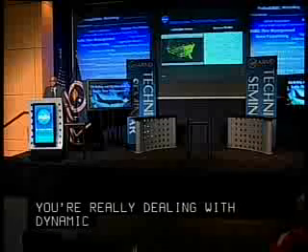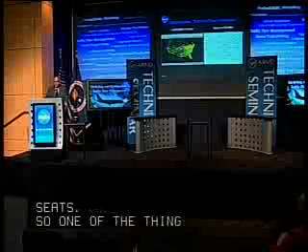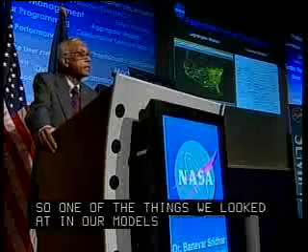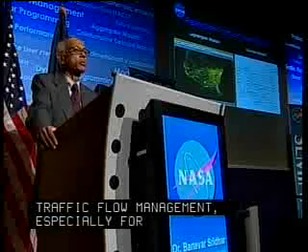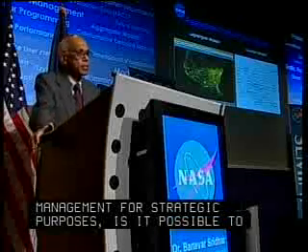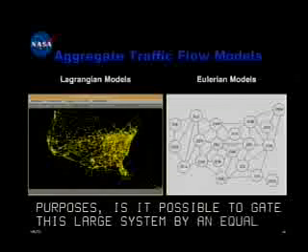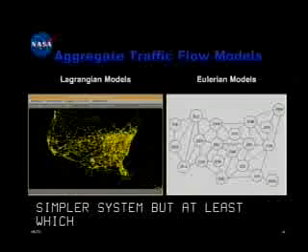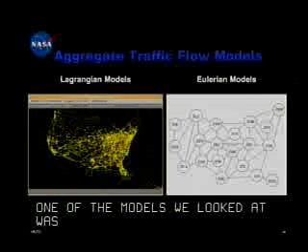So one of the things we looked at in our Eulerian models is, for traffic flow management, especially for strategic purposes, is it possible to aggregate this large system by an equivalent, simpler system, but at least one which captures the essence of the traffic flow? And one of the models we looked at was, can we approximate this by a model where the states of the system are how many aircraft there are in a given region.